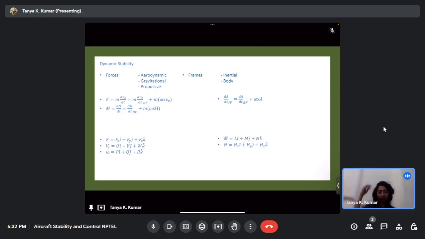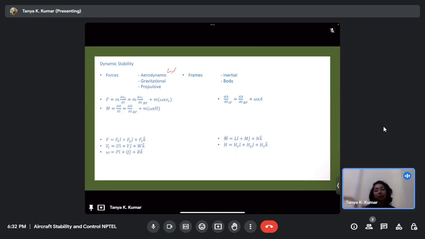What are the aerodynamic forces that we have taken into consideration throughout this course? Lift and drag. They depend on the relative velocity. Gravitational force is the weight, and the propulsive force is the thrust.